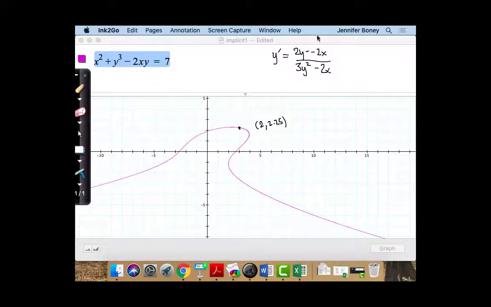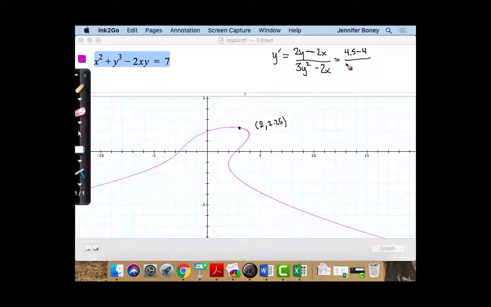If I think about the value of this expression there, I'd expect it to be close to 0, maybe a little negative. And if I put in 2y and 2x, the numerator is going to be a little bit positive. So it would be 4.5 minus 4 over 3y squared, 2.25 squared.